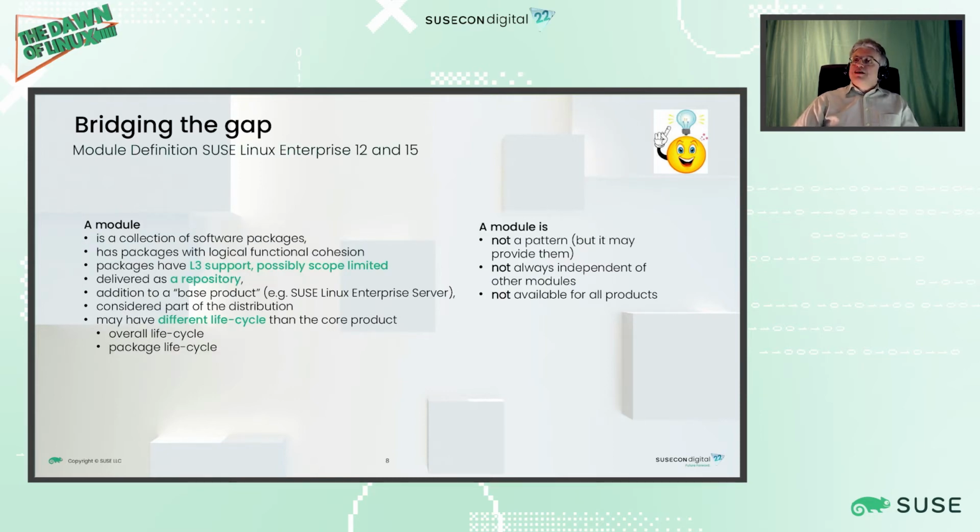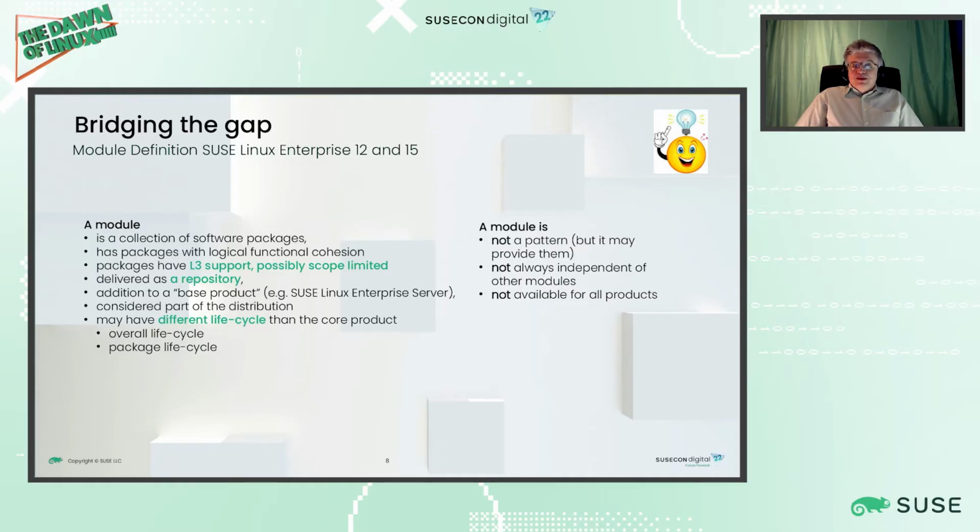So we ended up with the package group, and the package groups were simply modules. A module is nothing more than a collection of software packages. There's no specific magic. There is no need to download a special tool to handle them. All the packages inside of a module have some logical functional cohesion.